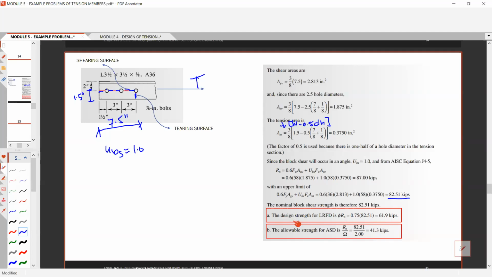So this is your design strength based on LRFD, and this is your design strength based on ASD. If you want to check if your section is adequate, you just need to solve for the demand load and compare it to the capacity we have solved based on LRFD or ASD.